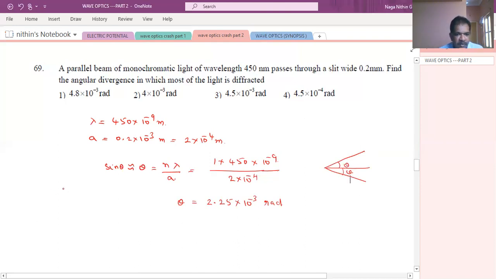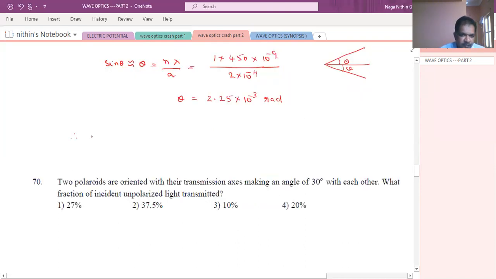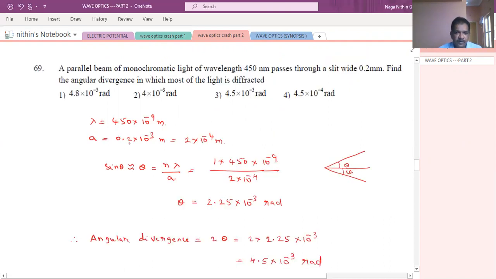So angular divergence is equal to 2 theta, 2 times 2.25 into 10 power minus 3, which is 4.5 into 10 power minus 3 radian.